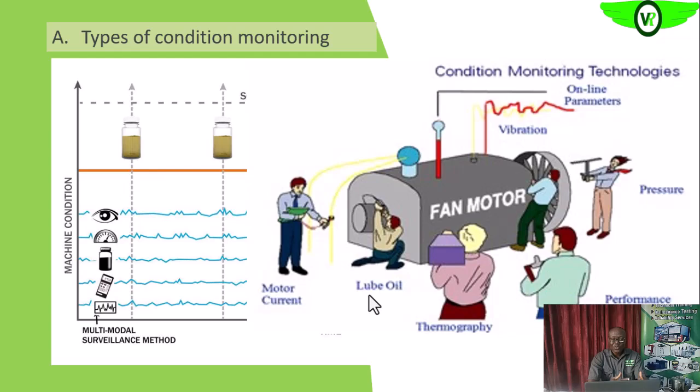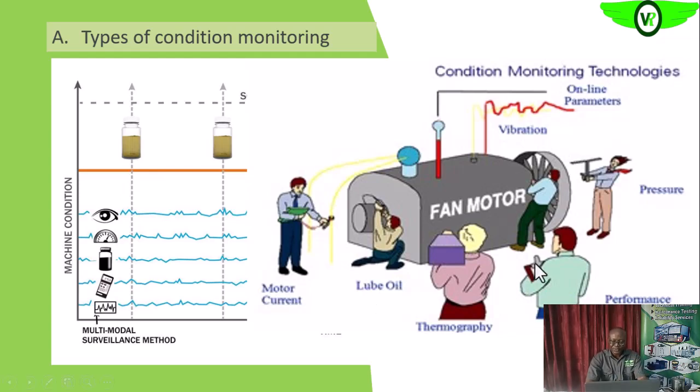Okay, so when we take a sample of this oil, analyze it, and look at the level of wear particles, that will give us an indication as to the condition of the equipment itself. Okay, and we can even analyze to the extent of knowing which component, which particular part of the equipment, is wearing. Are we getting it?